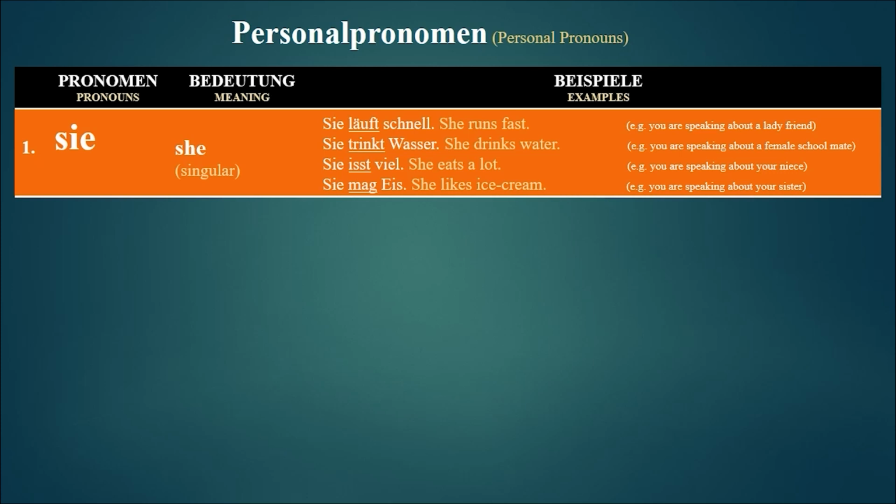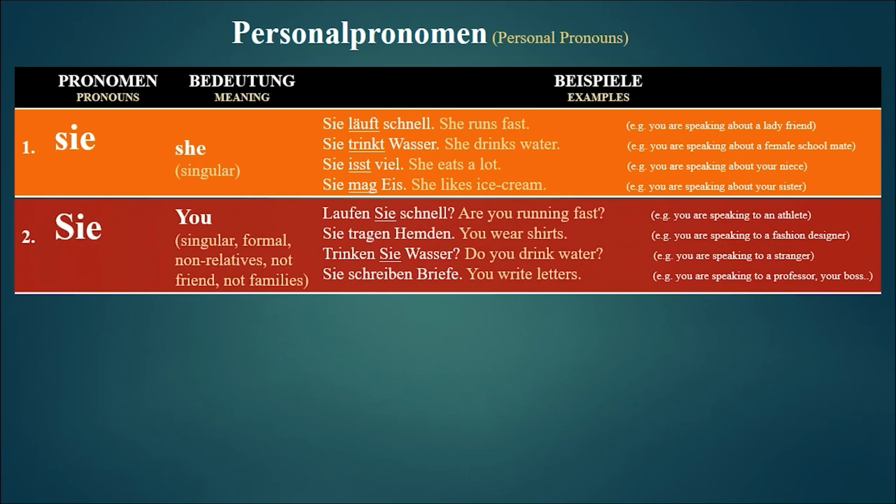And we move on to the second Sie. This same sie, but in another form, whenever it is used in a sentence, no matter where it finds itself, has to be used in capital letters, starting with a capital letter S. This same Sie is used in the singular form, referring to just one person, and formally, that is referring to people who are not your relatives, not your friends, not family, so strangers.